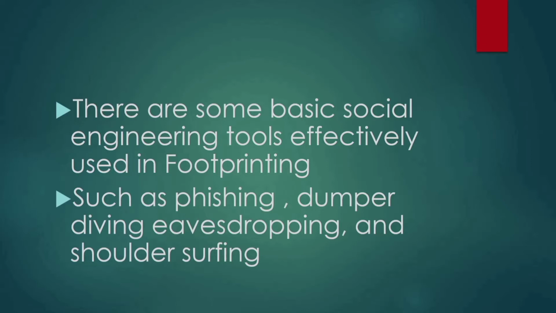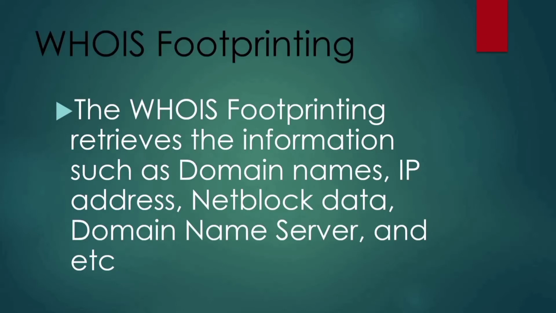WHOIS footprinting. Basically, how does a hacker use this technique? This technique gets the sensitive information of the target. You can get a lot of information about the target, like the domain name, IP addresses, net block data, domain name server, and etc. And the geographical region, where regional internet registries maintain the regions outside the countries.